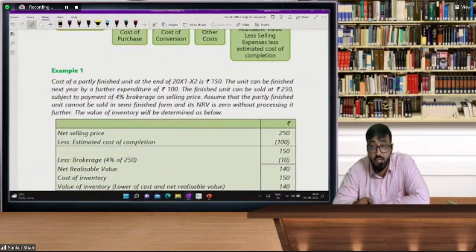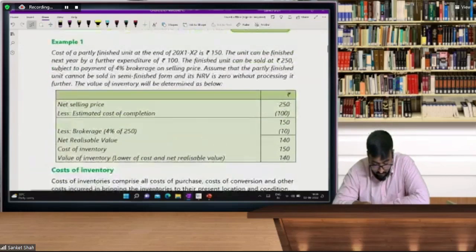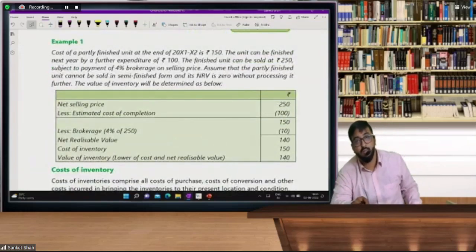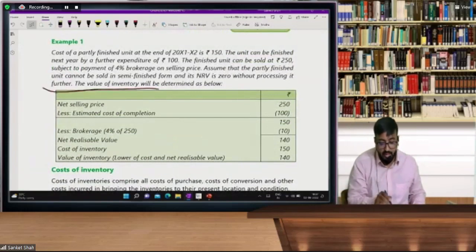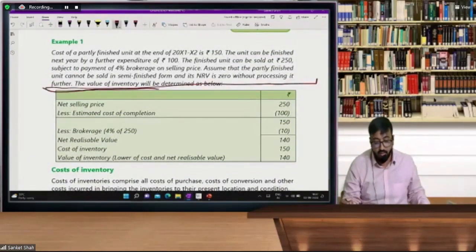See the question, 3.41. Don't read the answer part, beta. Only read the question part.